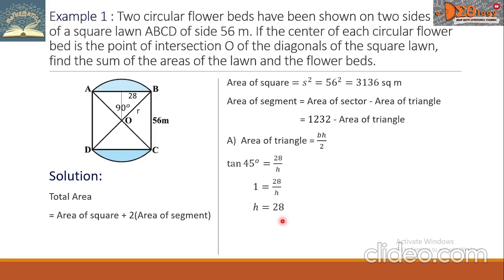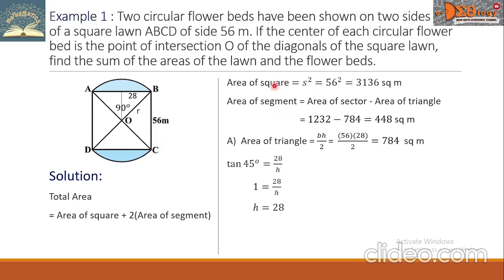So let us substitute now the values for the area of triangle. The base is 56 and the height is 28 divided by 2. That will be 784 square meters. When we substitute this value in here, we will get the difference as 448. This is the area of the segment.